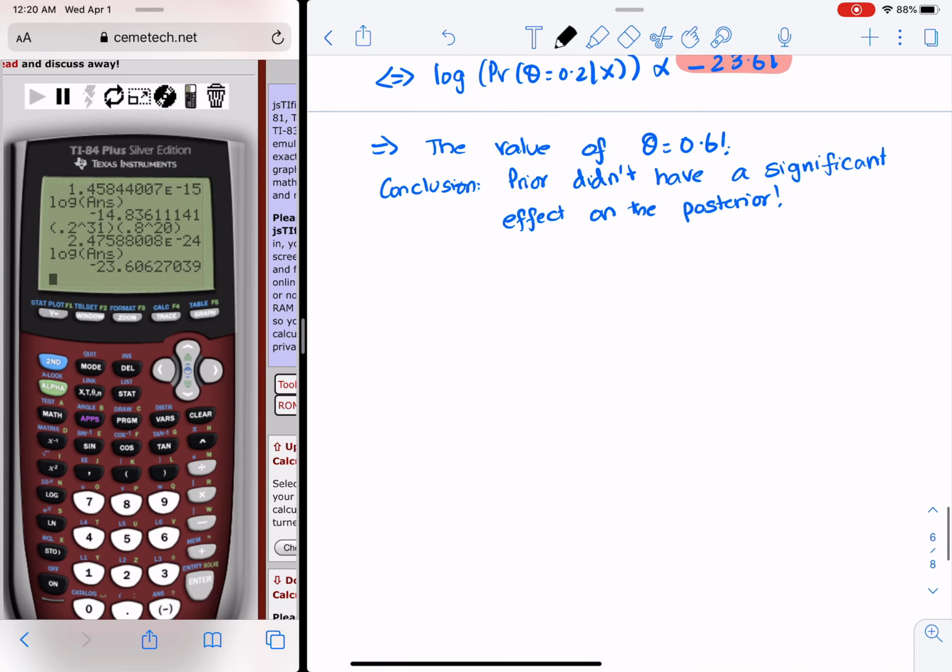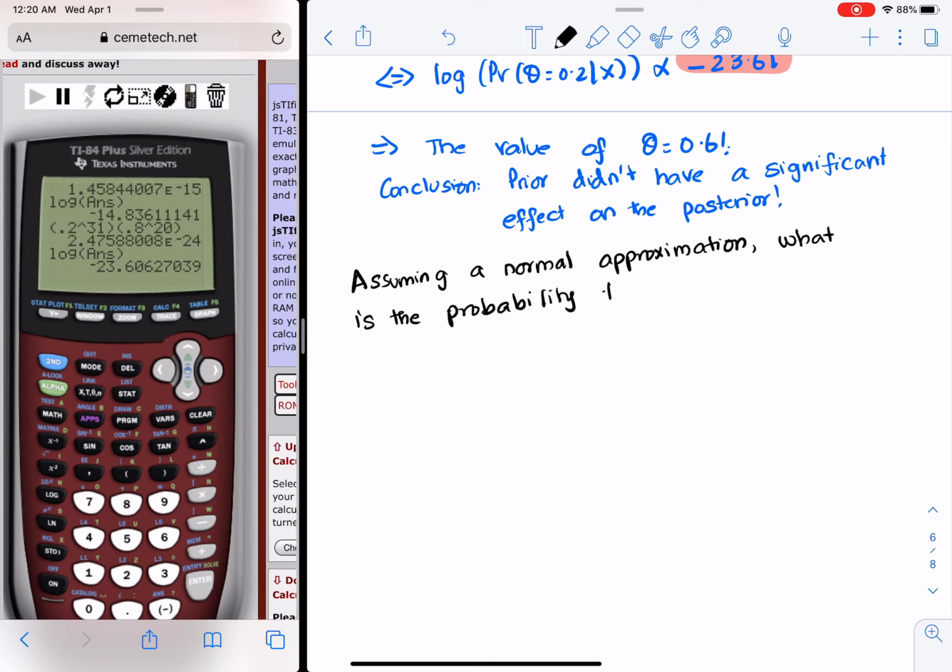Now we could extend this to asking one more question. So assuming a normal approximation, what is the probability that theta is greater?